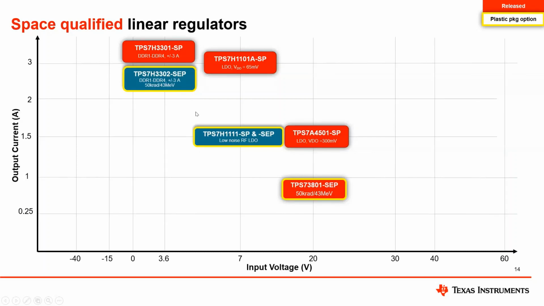These have early prototypes available right now, with release to market of final production flight units in early to mid-July. But today, we'll focus on our product offerings for noise-sensitive rails, as well as the DDR termination regulator.